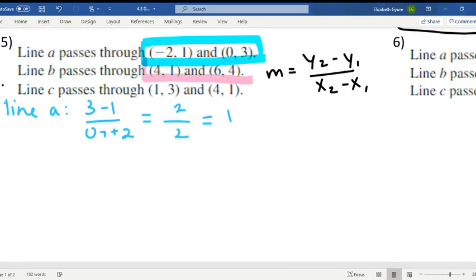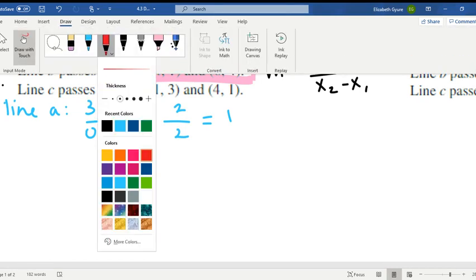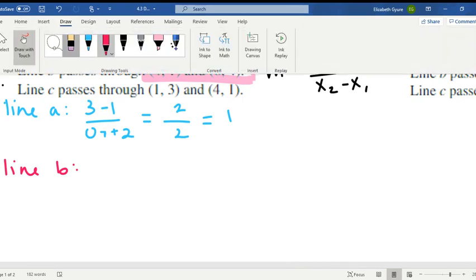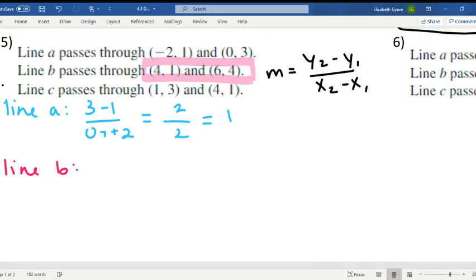All right, line B is here. It is 4, 1 and 6, 4. Okay, so if I have 4, 1, let me actually erase that one because this is a little cluttered here. All right, 4, 1 and 6, 4. Aaron, what would I need to do for the y part of my slope?